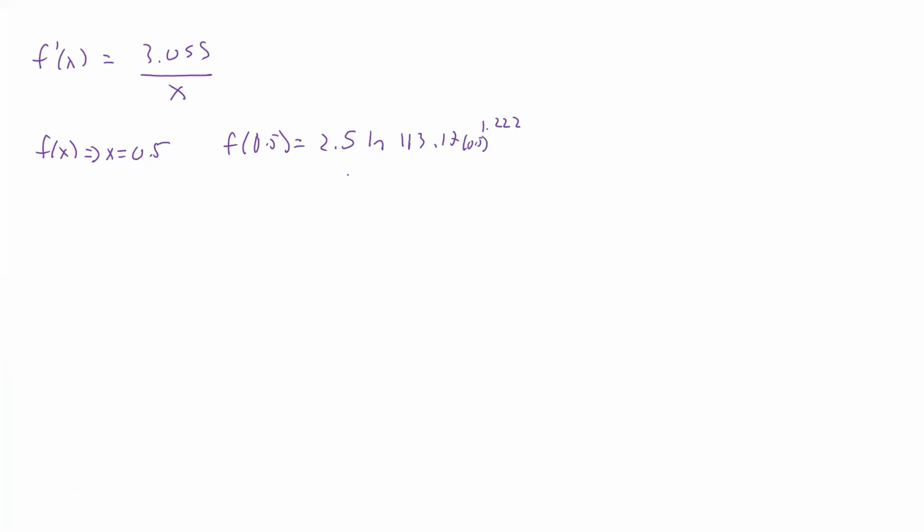To that power. And so let's plug all that into our calculator. So we get 2.5 ln of 113.17 times 0.5 to the 1.222, plus 33.3.